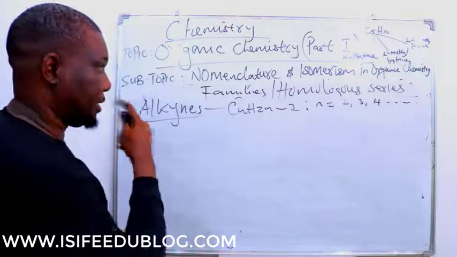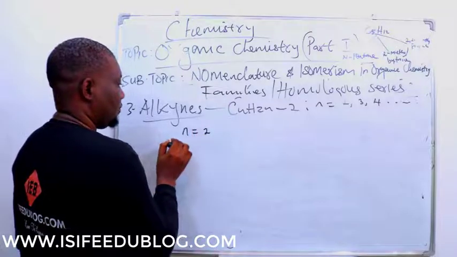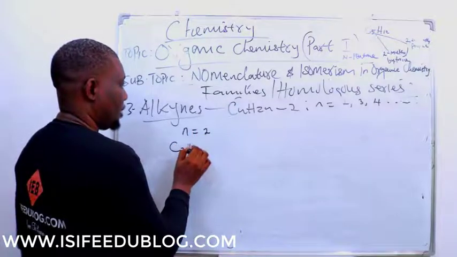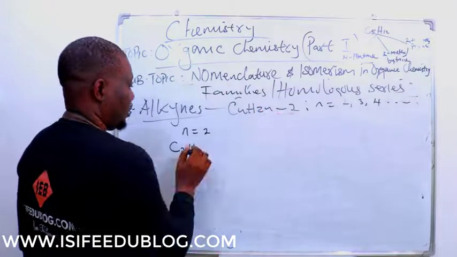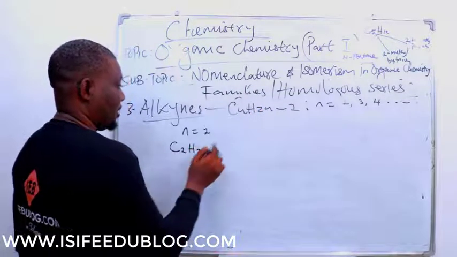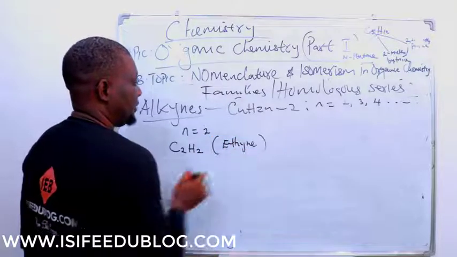So in this case now, if n is equal to 2, we're going to have C2H, 2 times 2 is 4, 4 minus 2, so here will be 2. So C2H2 is the molecular formula of the first member, which is ethyne.